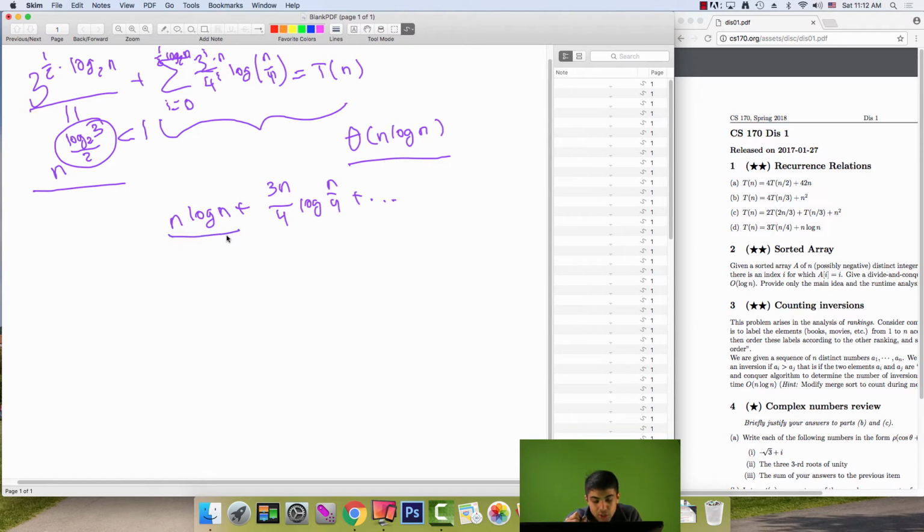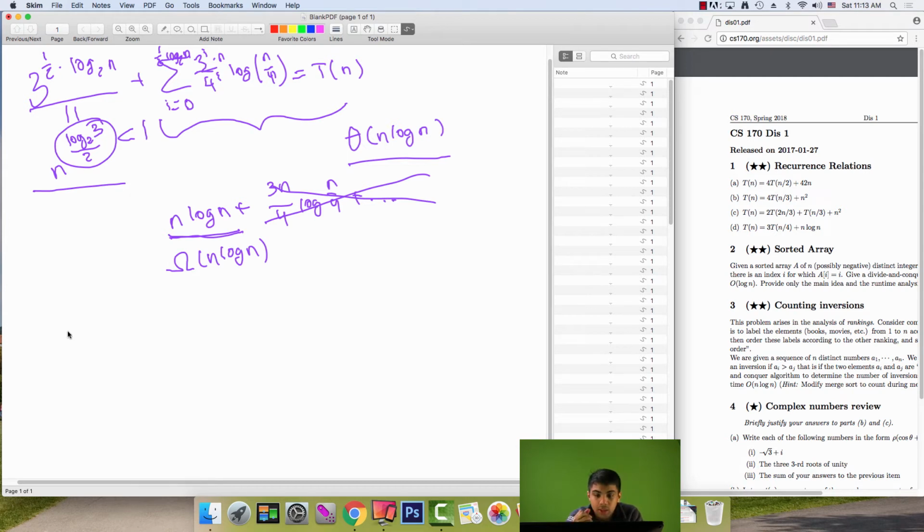So if we consider just the first term and ignore the rest, we can see that this will be a lower bound, just because we're getting rid of other terms in order to recover just this first term here. Okay, so now that we've shown this lower bound, let's see if we can also show an upper bound of n log n.